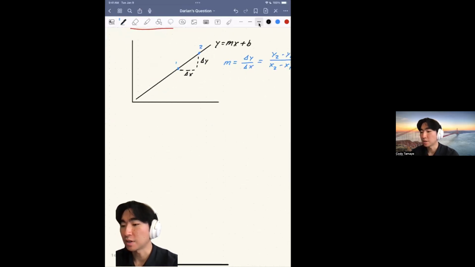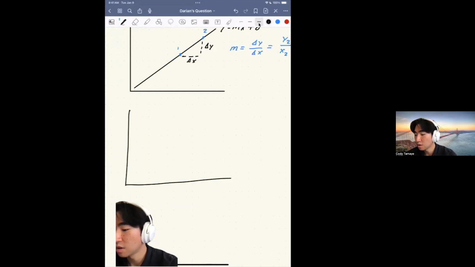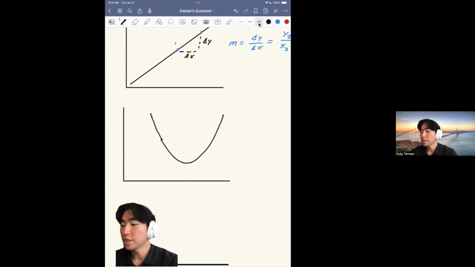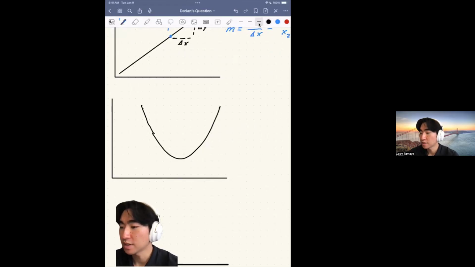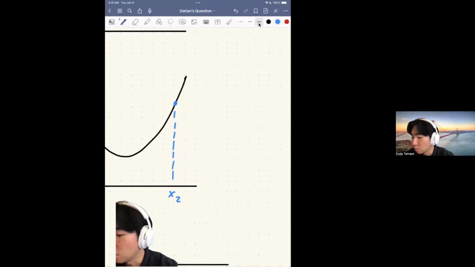The same concept here can be applied in calculus. So let's say we have a parabola. With this parabola, let's say that we have some value here at x2. Now, I want to calculate what the slope of the tangent line is at this point. How do I do that?